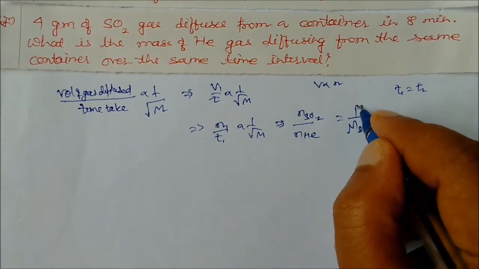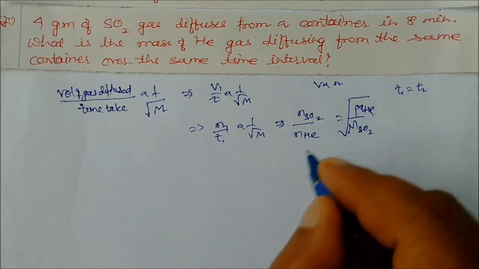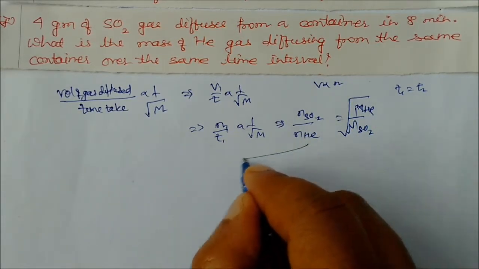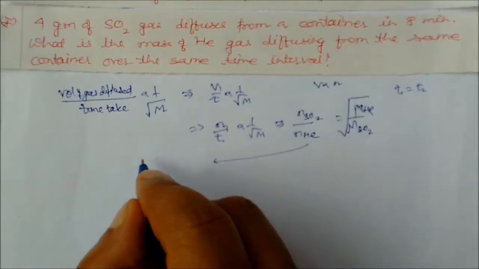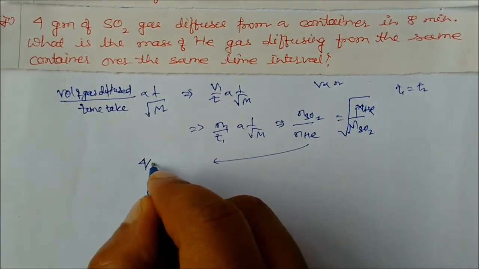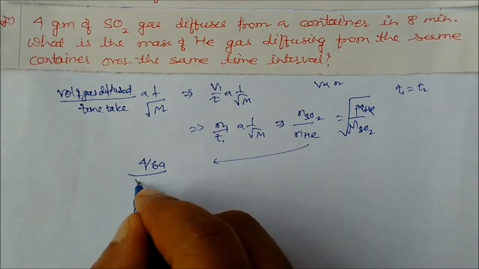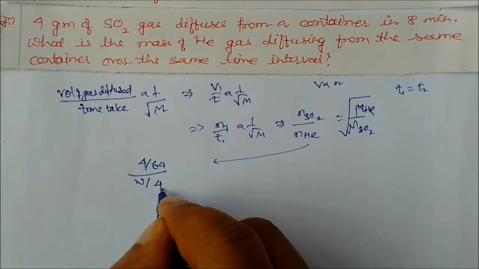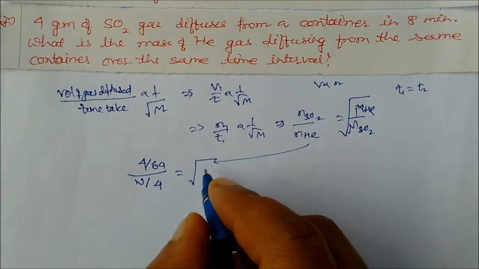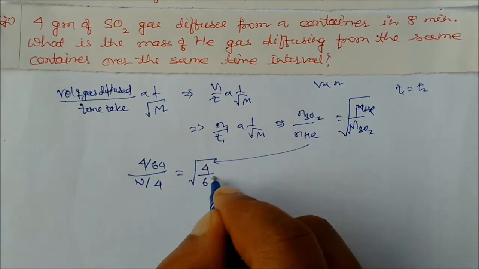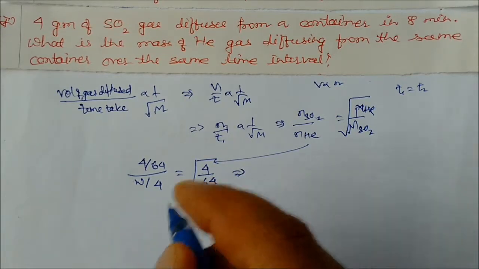The moles of sulfur dioxide are 4 by 64, and the weight of helium is what they are asking, so the moles of helium are weight of helium divided by 4. This is equal to the square root of 4 over 64.